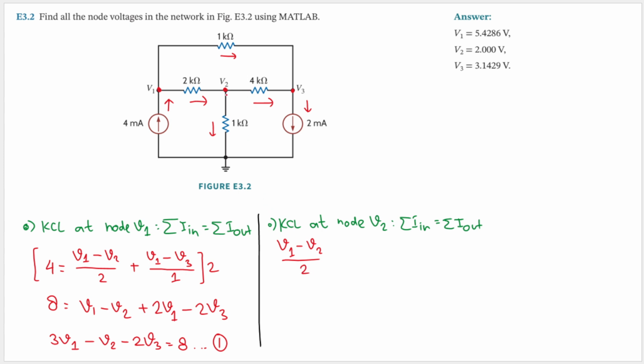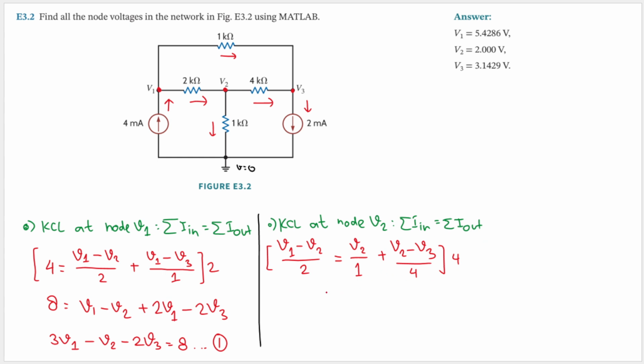Then this current is going out, so we will have V2 minus 0. The voltage at the ground will be 0, right? And V2 minus 0 is just V2, so we'll have V2 divided by 1 kilo ohm. Then this one here, so we will have plus V2 minus V3 divided by 4. Let's multiply this by the LCM of 2, 1, and 4, which is 4.